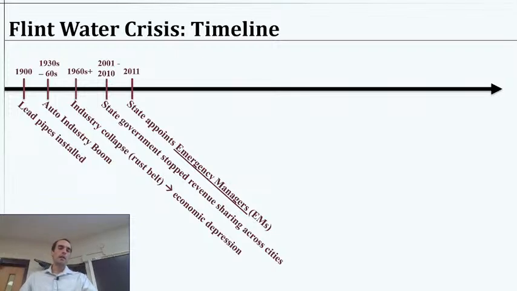And so the state puts these emergency managers in place with the idea that, okay, well, somebody has to make the difficult decisions and stop paying for something, and the local municipality is not doing it, so we're going to appoint somebody to do that for them.